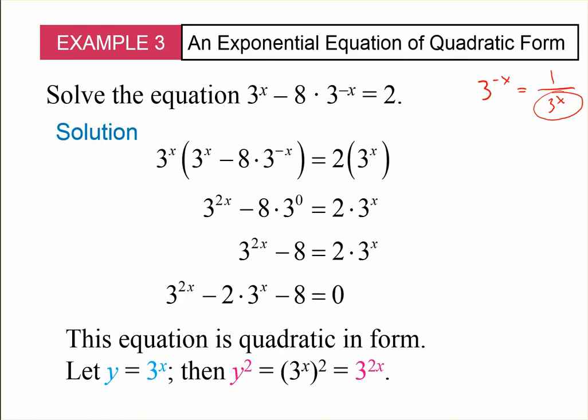So multiply both sides. All right, if you do that, you get 3 to the 2x minus, and now this is going to go away completely because they're going to undo each other's work. You get 2 times 3 to the x. All right, that went away. That becomes a 1 because 3 to the 0 power is a 1.